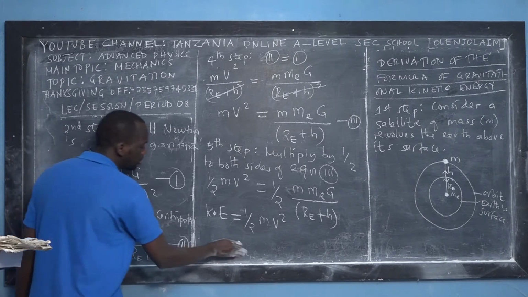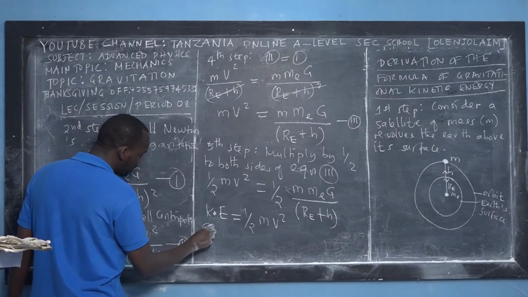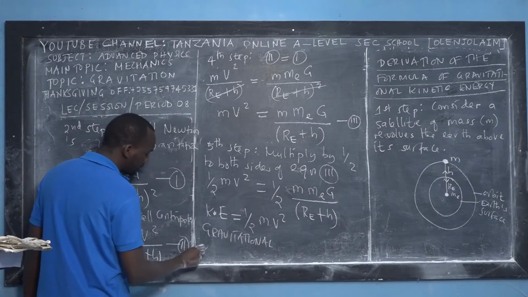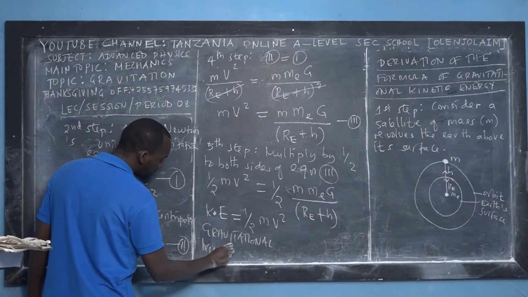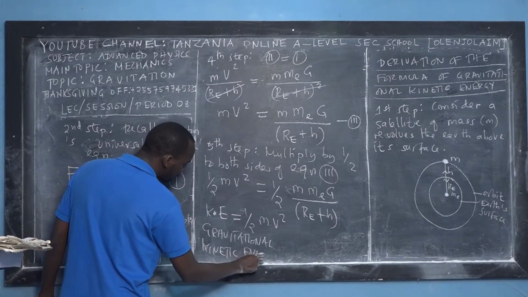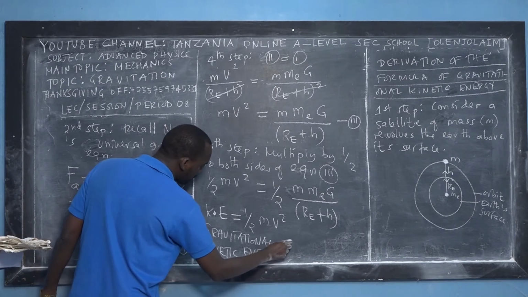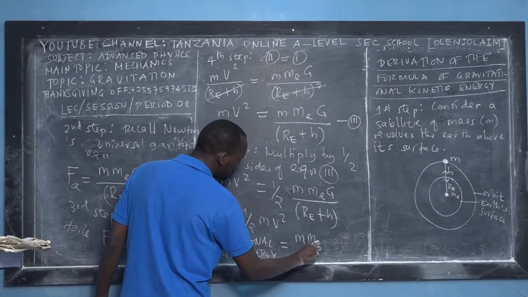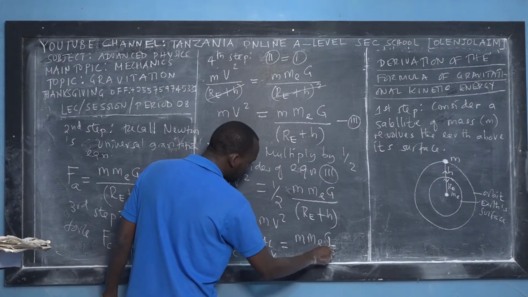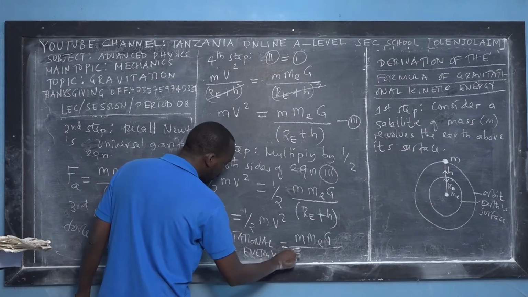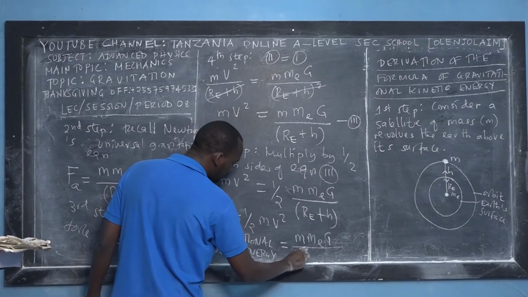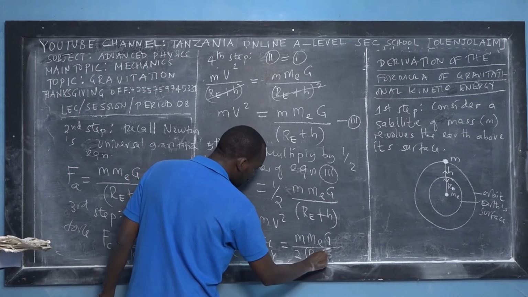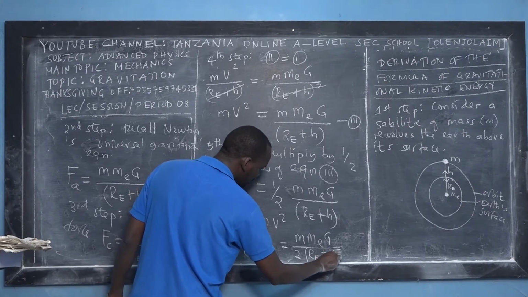So if that's the case, the gravitational kinetic energy is given as the product of the mass of the satellite, the mass of the Earth, and the gravitational constant, over twice the radius of the Earth plus the height h, like this.